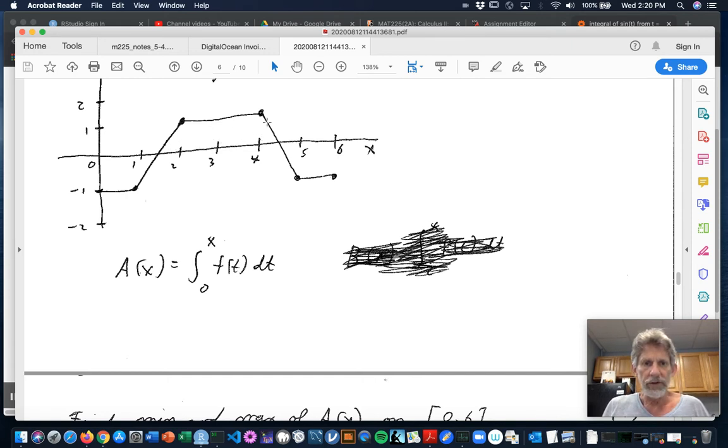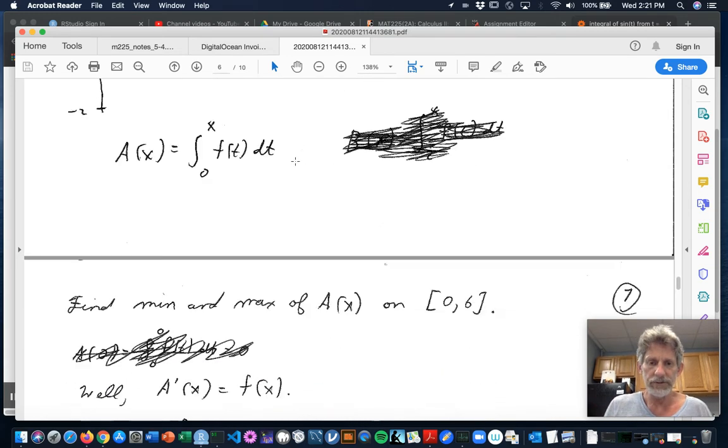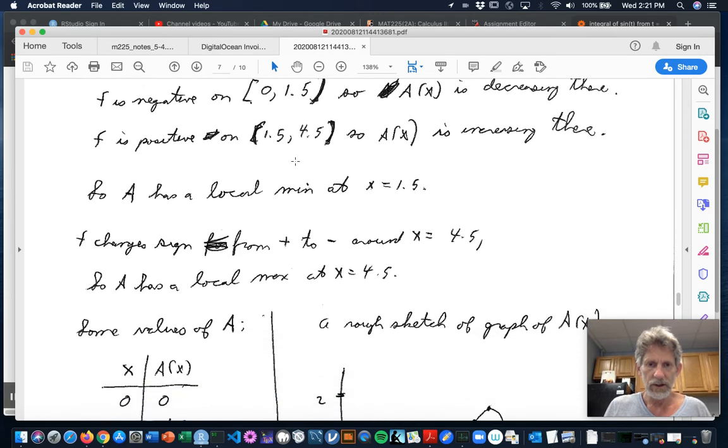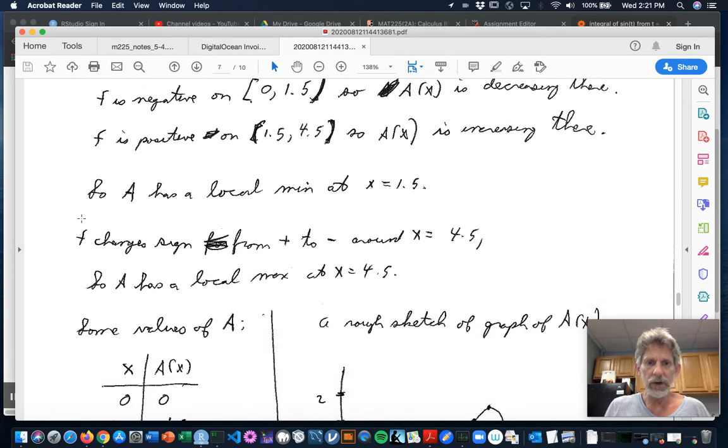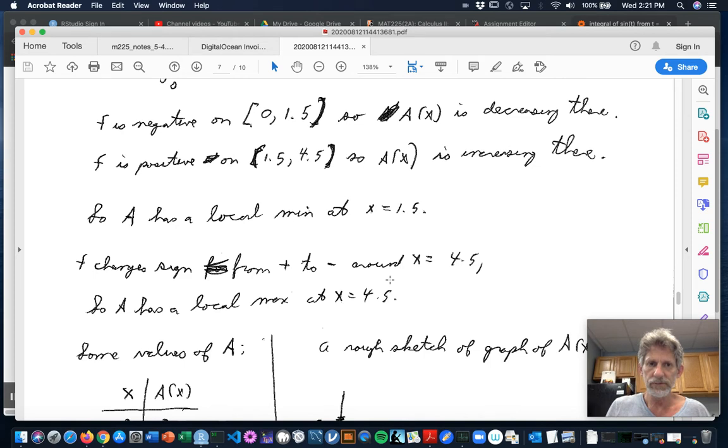Before 4.5, you're going to be adding on positive area because the f curve is above the axis. After 4.5, you're adding on negative area in your area under the curve function. And so the function is decreasing after 4.5. And so what's happening is that right at 4.5, x is going to have a local max.